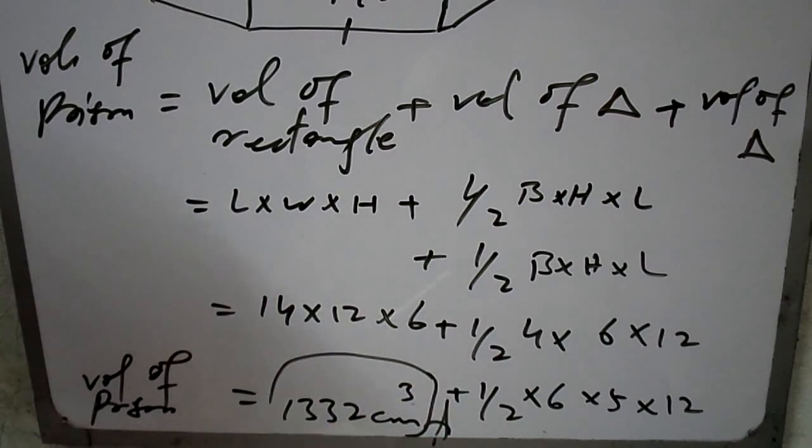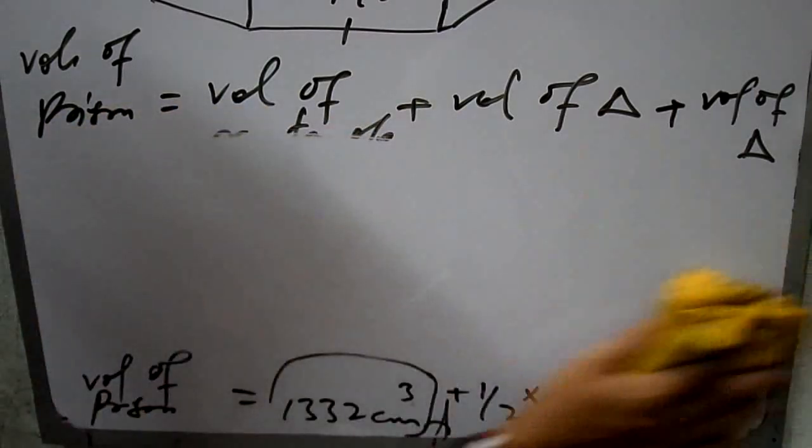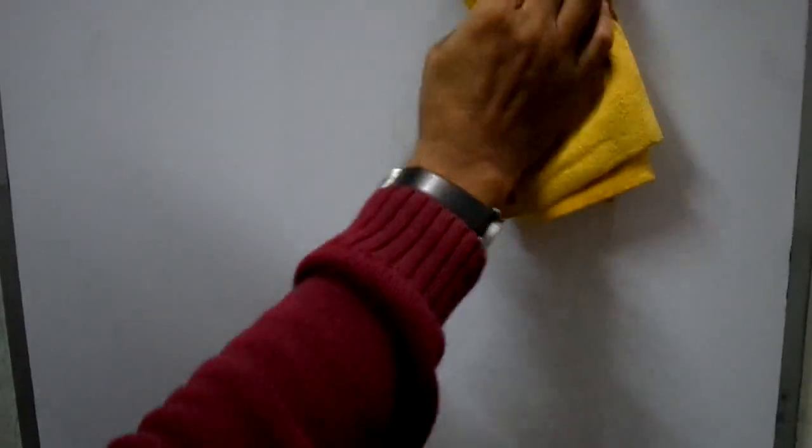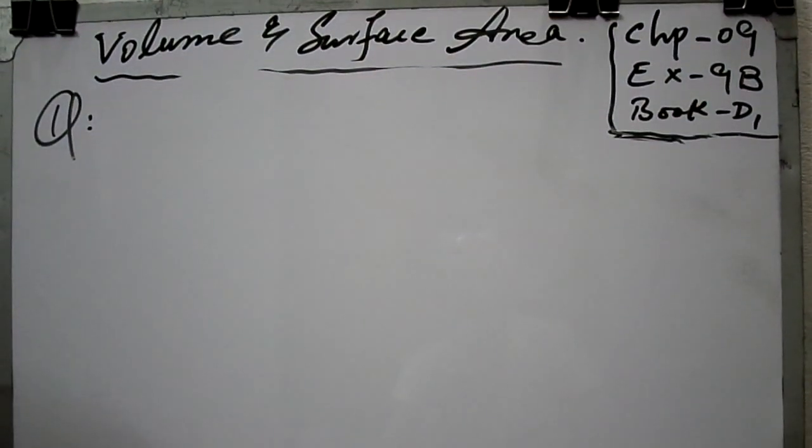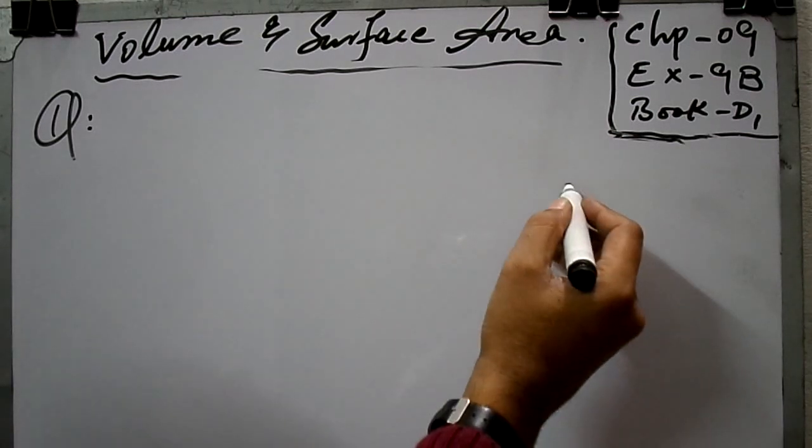Similarly, another configuration is given to you. The other configuration, you can see here, is: find the volume of the prism. This configuration is given to you like this.